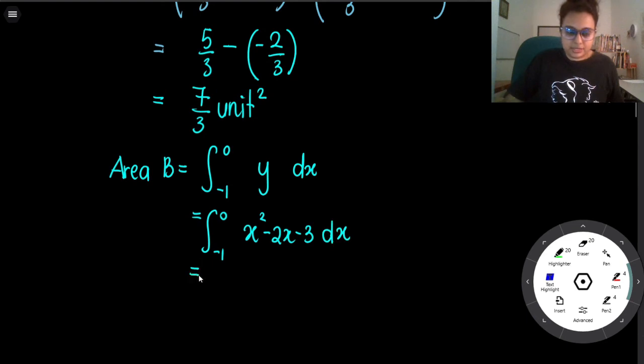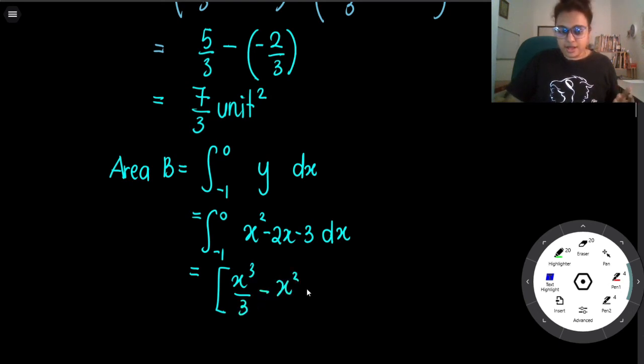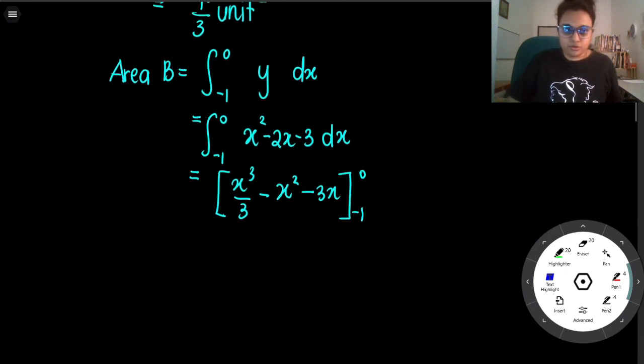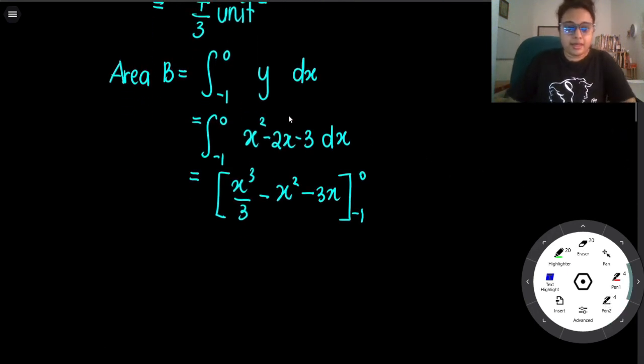dx equals, so I'm going to do the integration again. Since we already did it just now, I'm just going to straight away put in this one. Here now I'm going to fill in the first part.